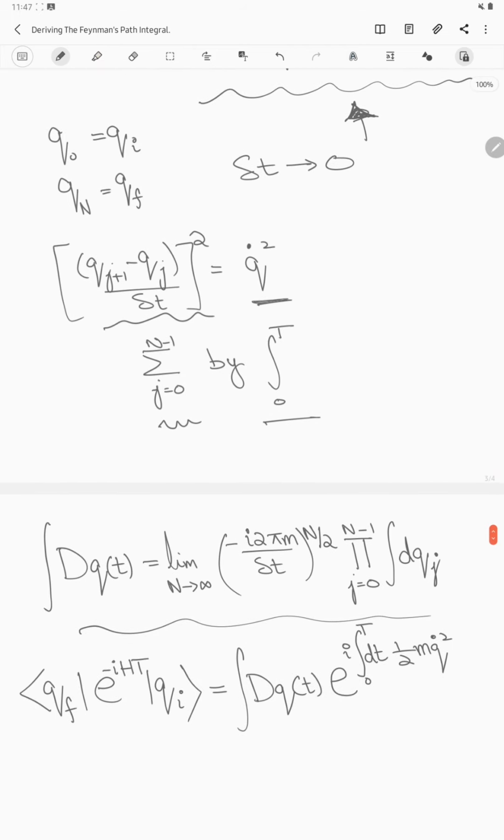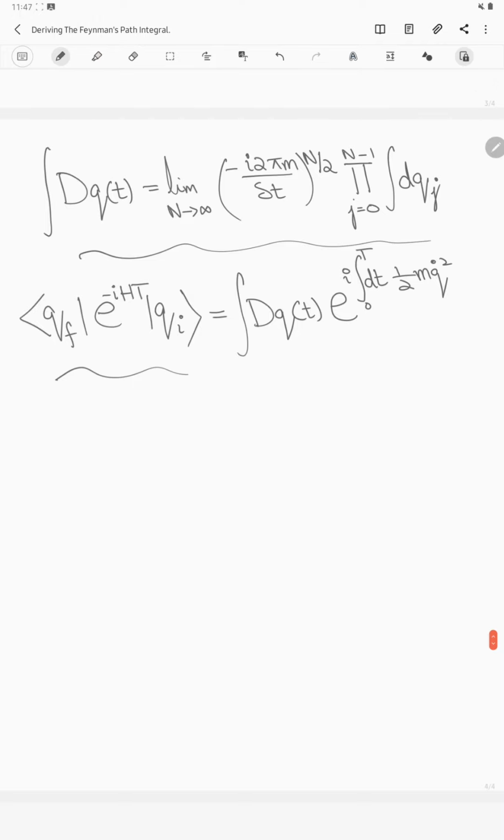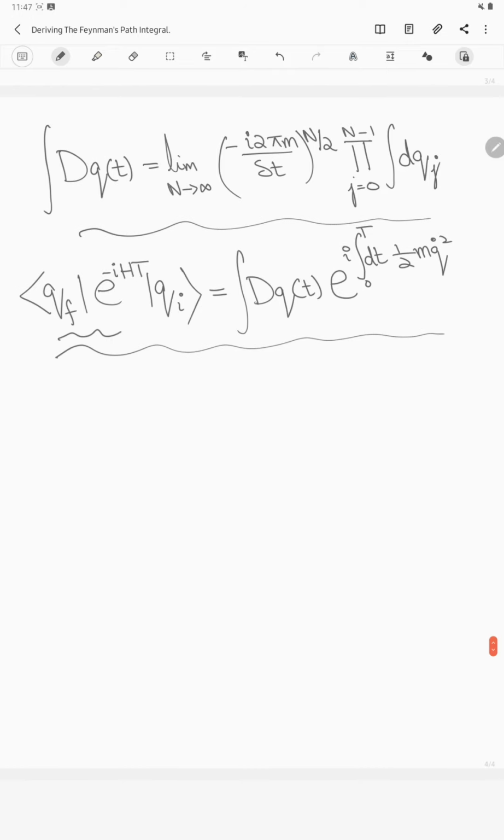Perfect. So, this result actually screams out that to obtain this thing over here on the left hand side, all you have to do is integrate over all of the possible paths q of t, such that your q of 0 is your initial state qi and q of t is your final state qf.